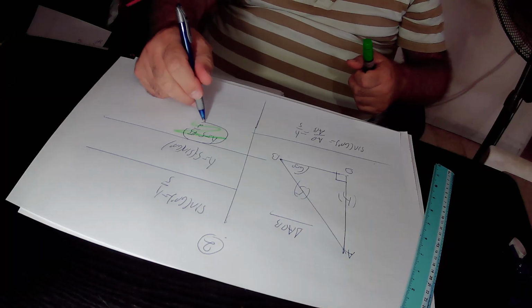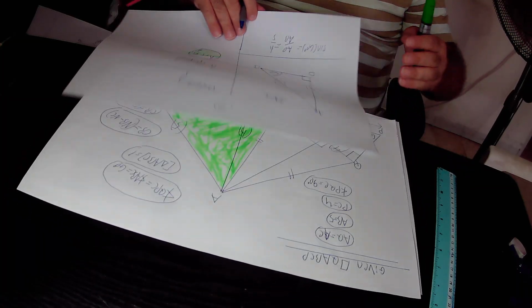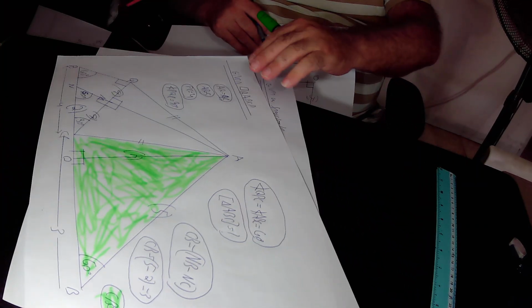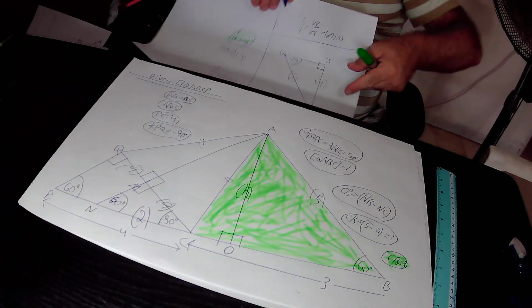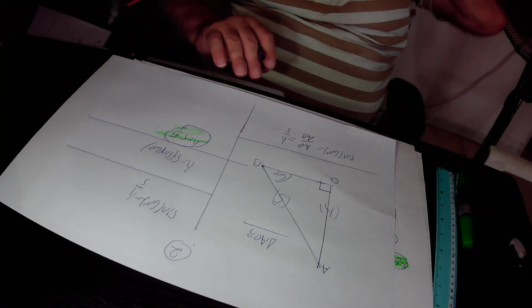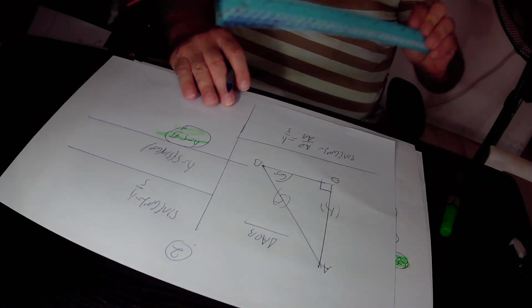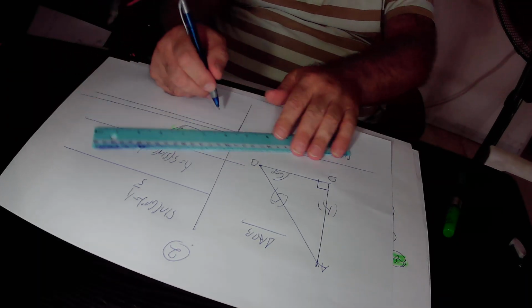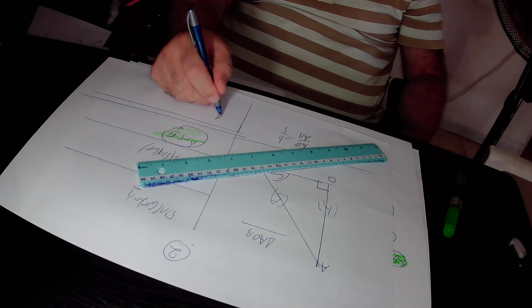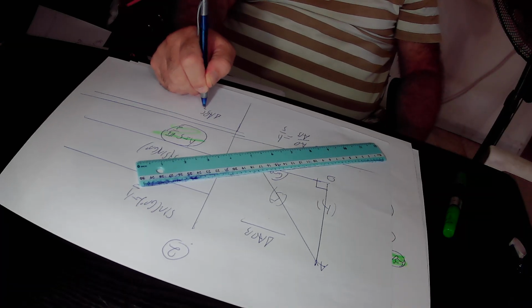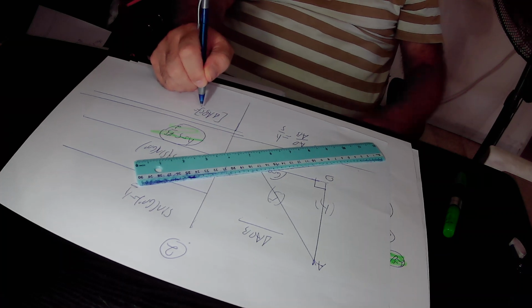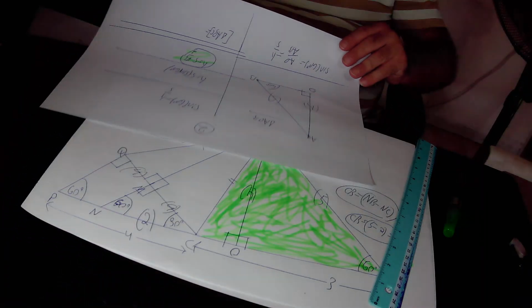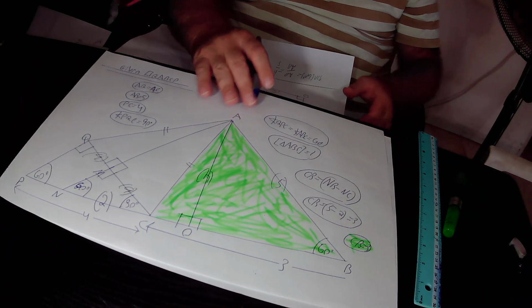Our task is to find the area of this green triangle, triangle ABC. So what is the area of the green triangle ABC? We know that the area of any triangle equals the base of the triangle times the height over 2.